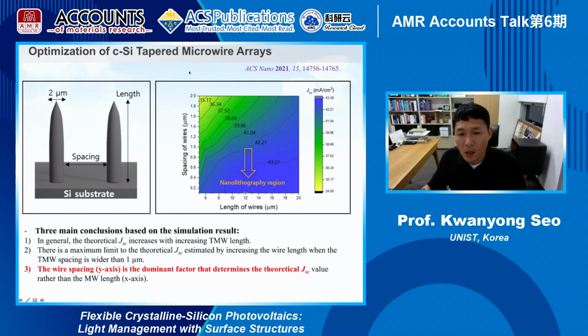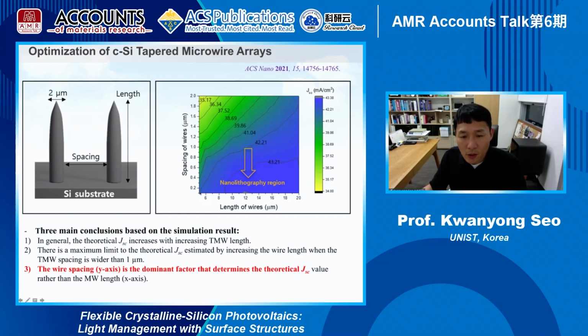And finally, we have this kind of short circuit current density map. By changing the spacing and the length of the wires, we can find out the theoretical maximum value of the short circuit current density. Although this map is very simple, we can learn very important things from this map. The most important thing is that the spacing is the most dominant factor that determines the theoretical maximum short circuit current density.